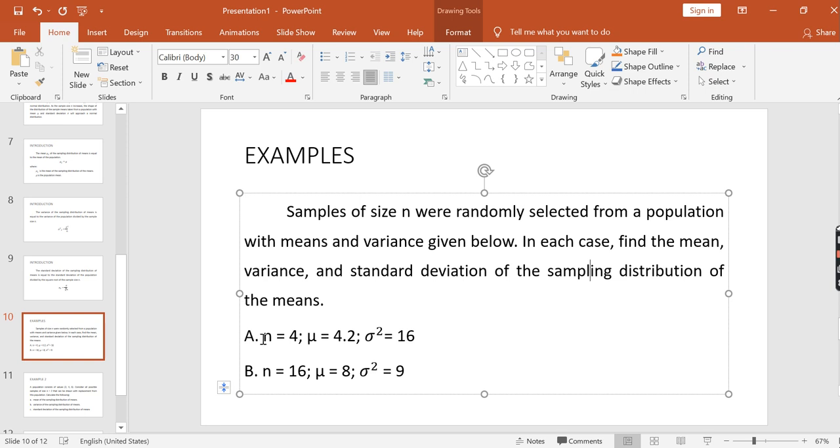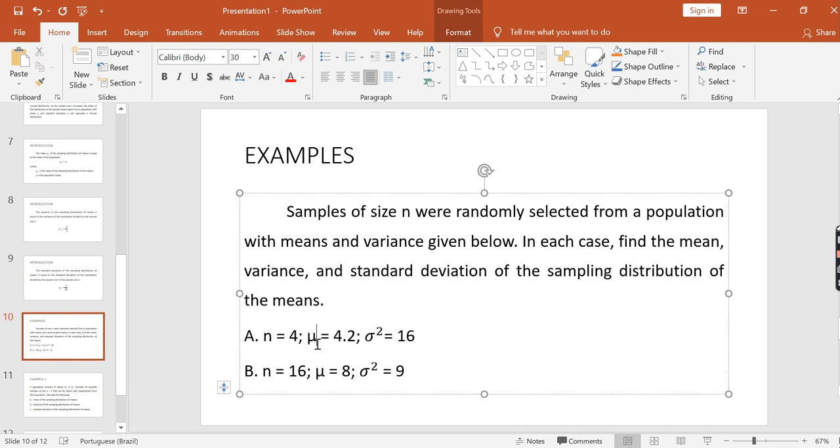For letter A, let's say n is equal to 4, meaning the sample size is just 4, and mu, or the mean, is equal to 4.2. The mean of what is this 4.2? You can see there is no subscript x bar beside the mu, so this is the mean of the population.